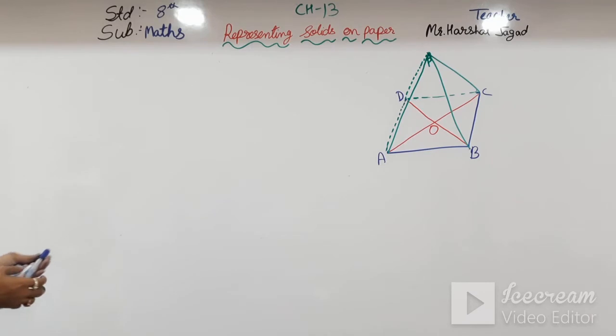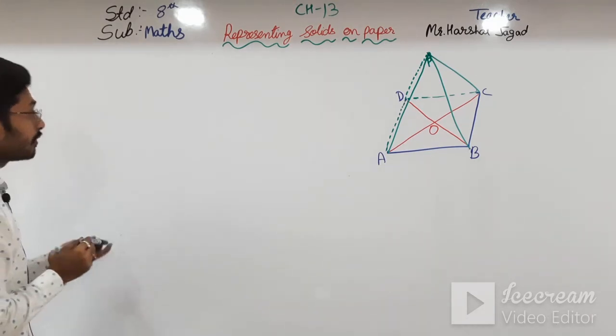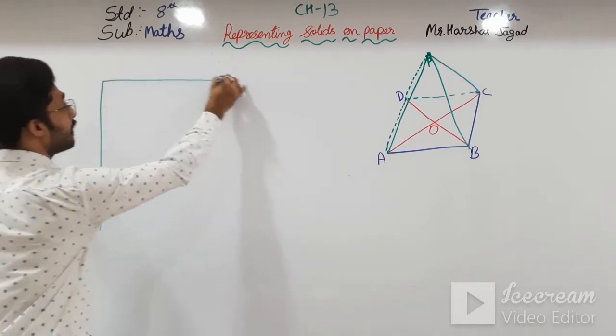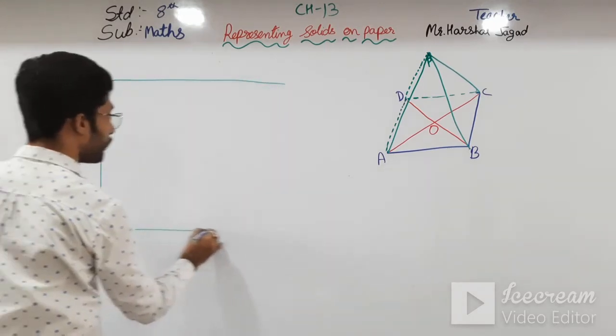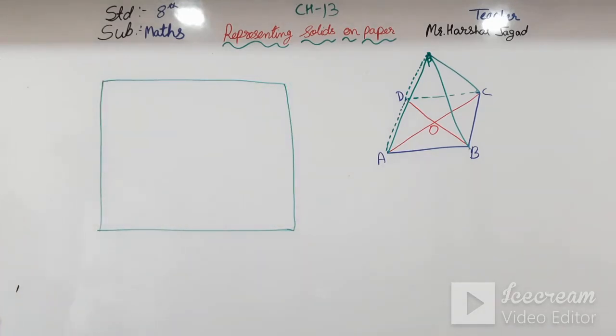So here we are just trying this isometric dotted paper. I will draw like this, but I can't just take the perfect points over here. Okay students, so in your book you have to make that perfect point.